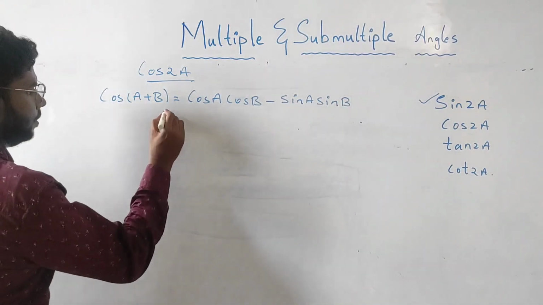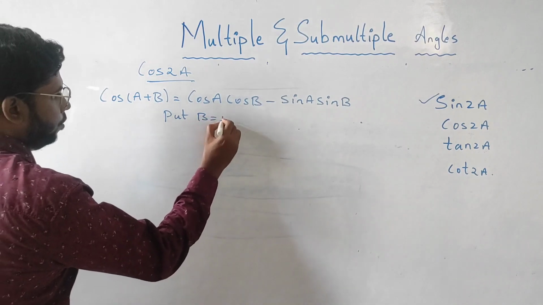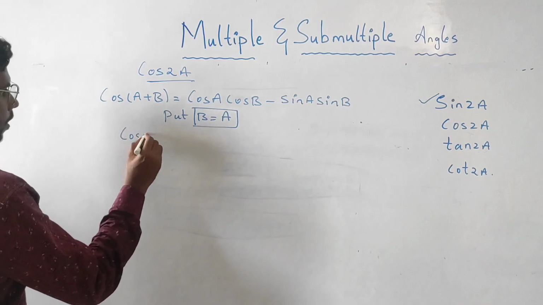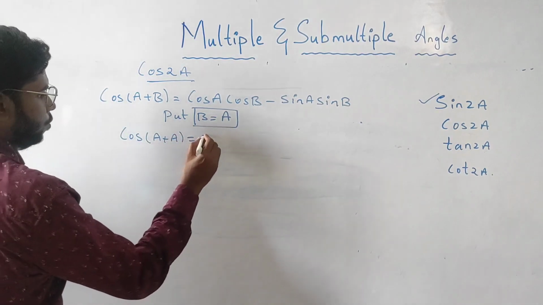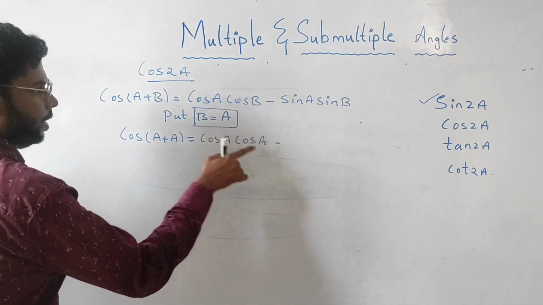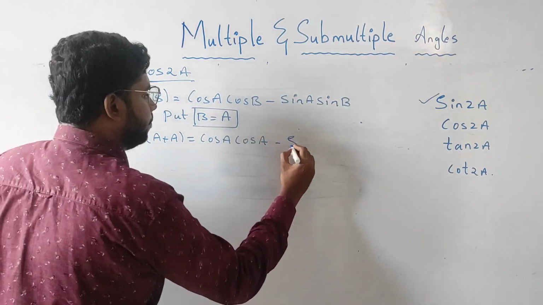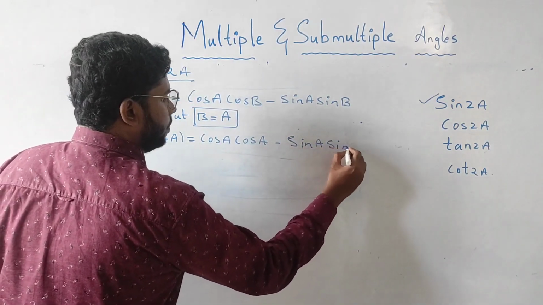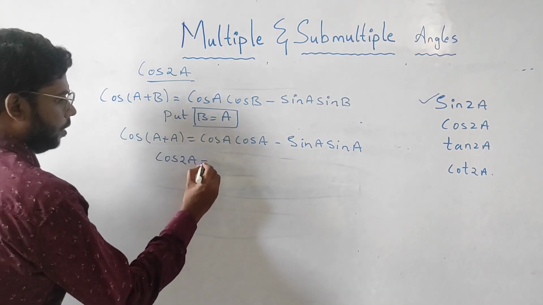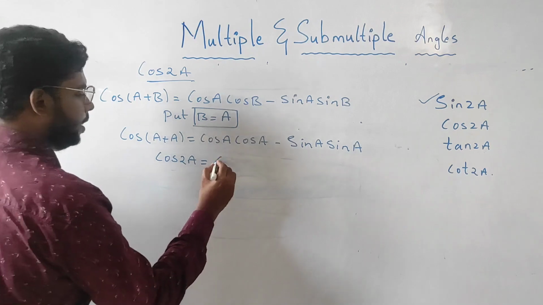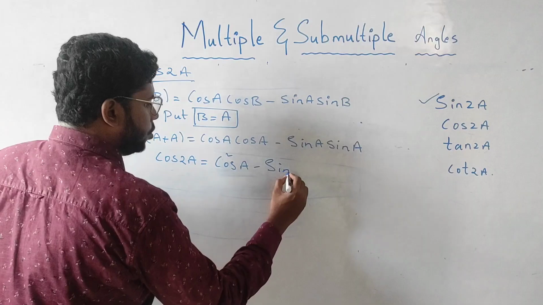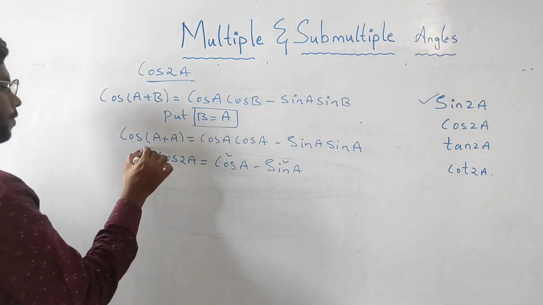Again the same, in the place of B, I am going to put what? A. So wherever B is there, in the place of B we have to put A. So what you get, see, cos A plus A is equal to cos A, this also cos A, minus, wherever B is there I am putting A. Here also sin A sin, in the place of B I am writing A. So cos 2A is equal to cos A into cos A, which is cos square A, minus sin into sin, which is sin square A. So this is the formula for cos 2A.